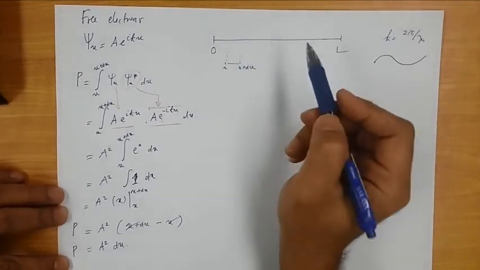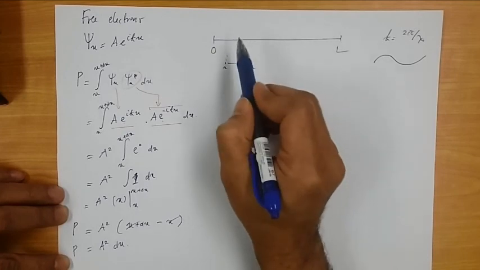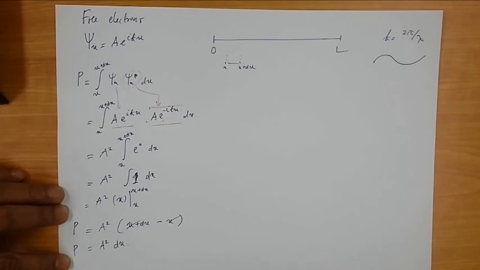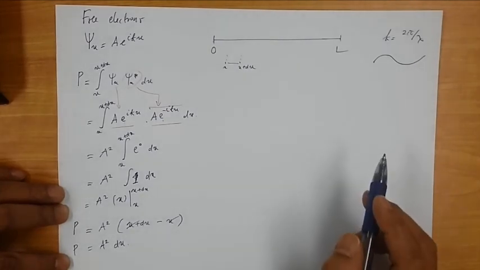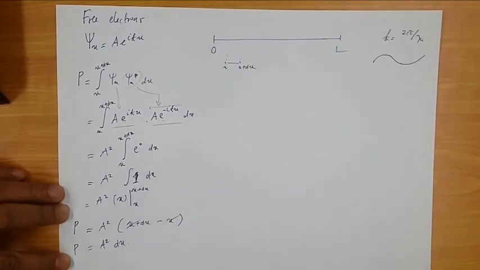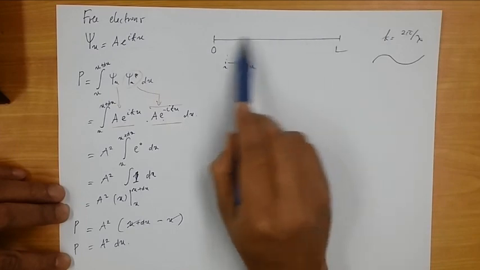So if you wanted to find the probability of the electron from 0 to L, it would just be A squared times L. Because it's independent of position, it has equal probability everywhere.